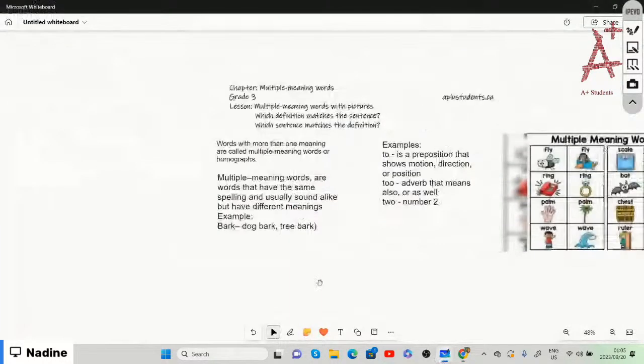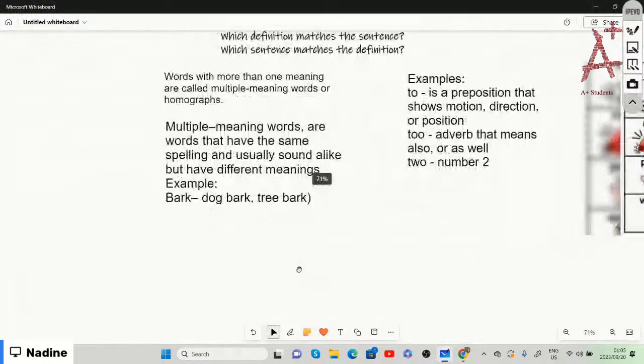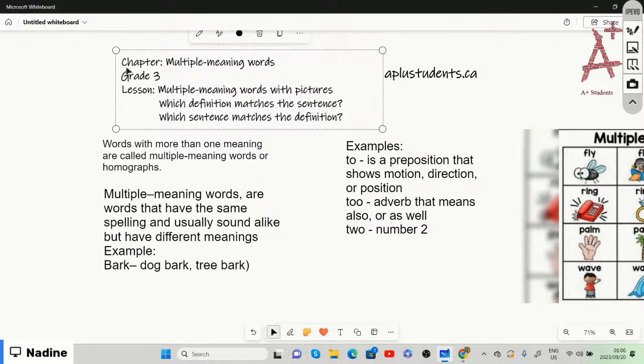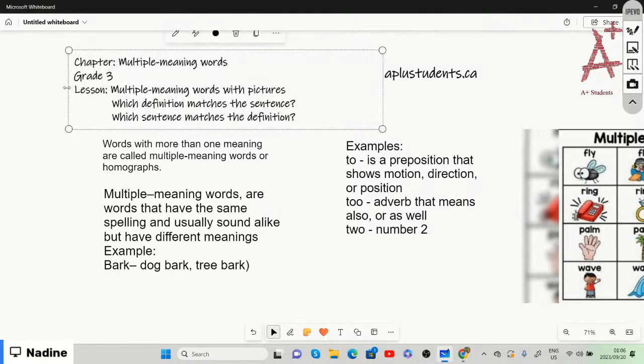Our lesson is on aplusstudents.ca. So if you do want to go back, there we have the chapter of multiple meaning words, grade 3, and those are our focus lessons. It's on aplusstudents.ca.